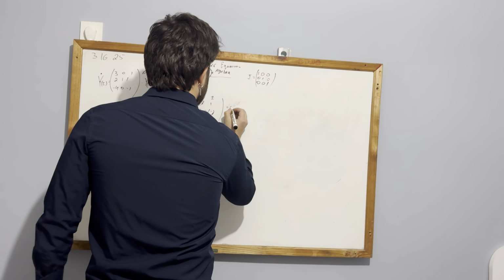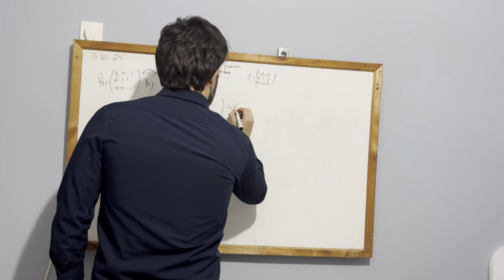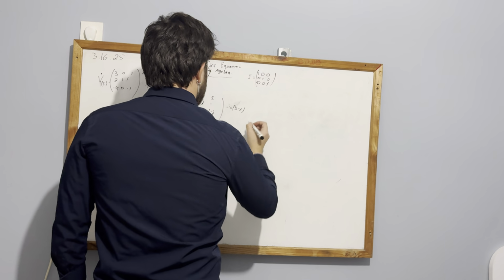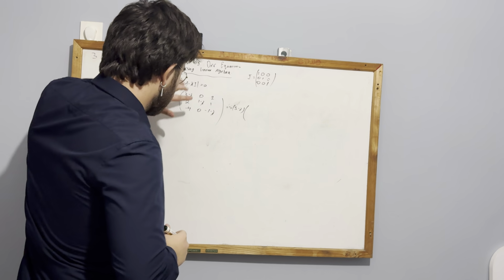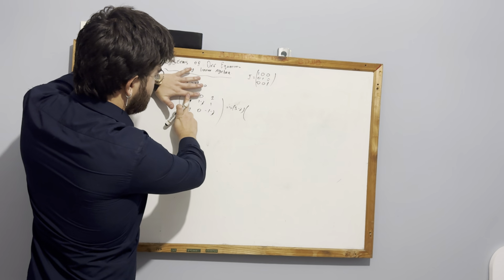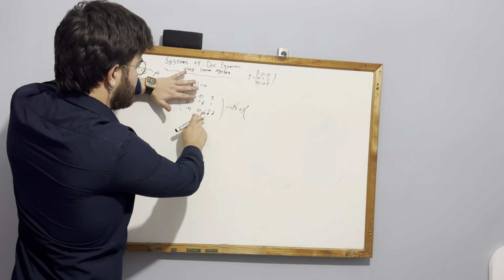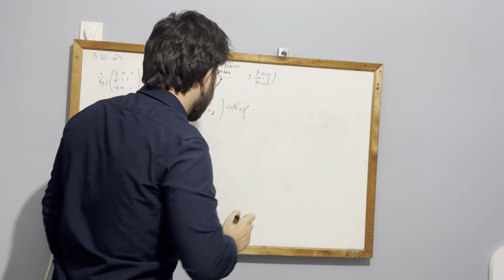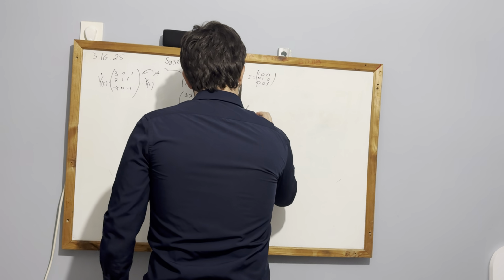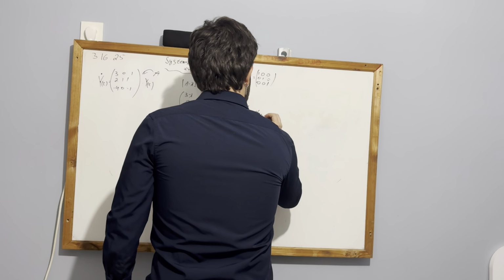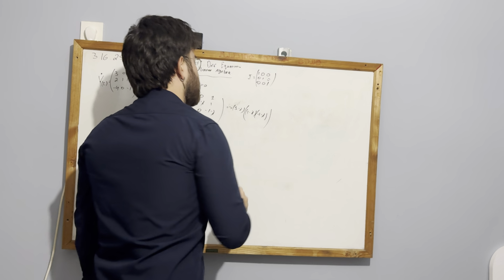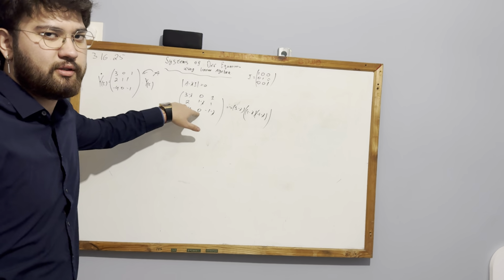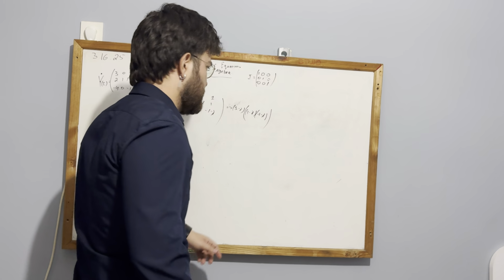So from here we have 3 minus lambda, and then we have the minor, which is, we take this and this, it's 1 minus lambda times minus 1 minus lambda, minus 1 times 0. So 1 minus lambda times minus 1 minus lambda, and the 0, it's a multiplication of 0, so it's just equal to 0.